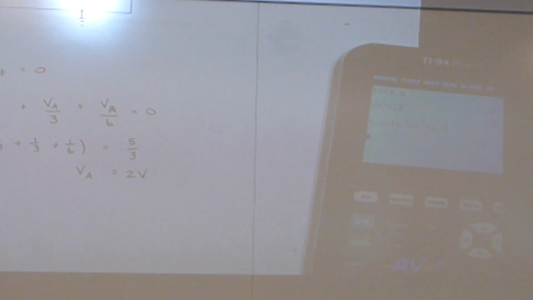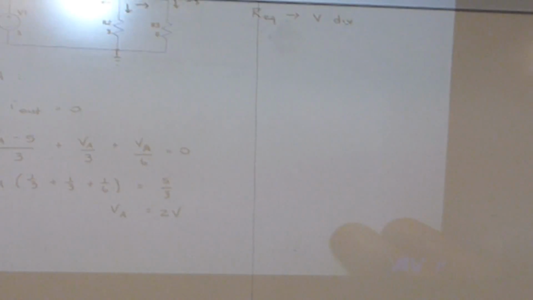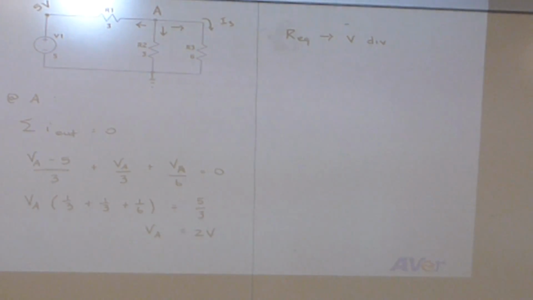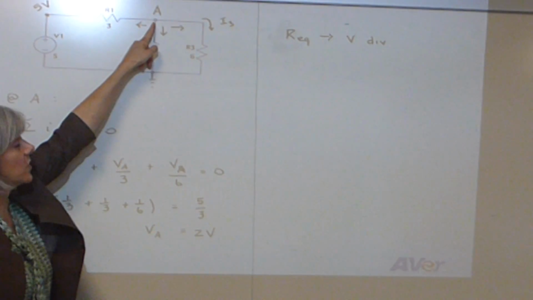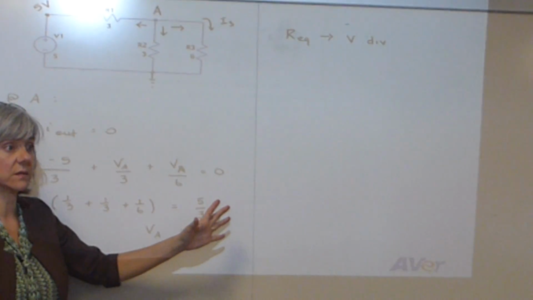So this is a pretty powerful process because you just throw the process at it. You don't have to hunt through what do I know first and what can I transform into what. We need to know all of that because we're not done with that. But this is an excellent process method. All right, so now what if we wanted to know I3? Do I have enough information now to find I sub 3? Well, yeah. Remember, once you know the voltage at all the extraordinary nodes, you know everything.